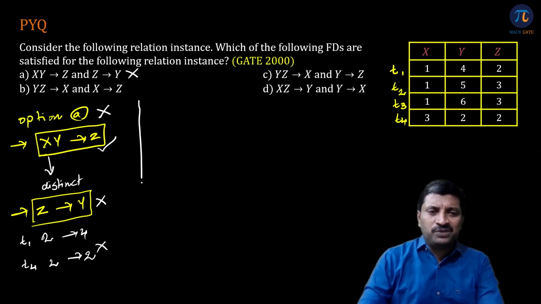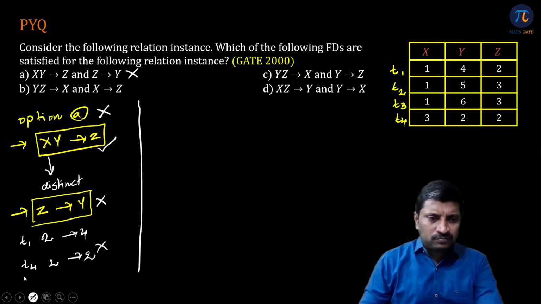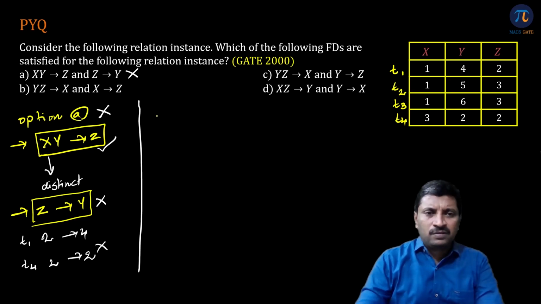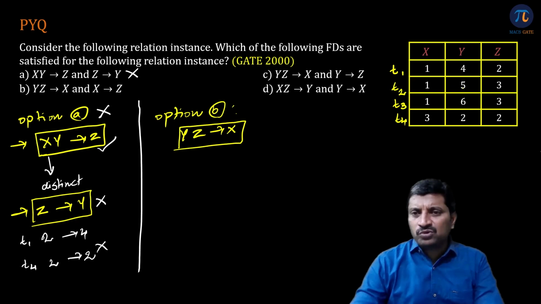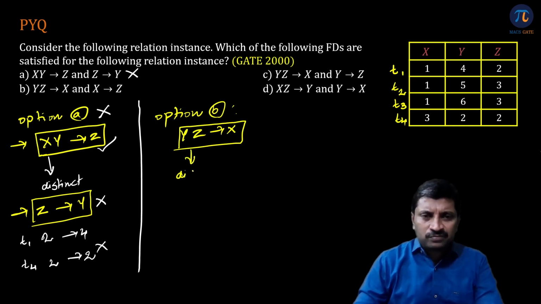What about option B, sir? Option B. The first functional dependency is YZ goes to X. YZ 42, 53, 63, 22. So all these values are distinct. When all these values are distinct, I can say this will be satisfied.